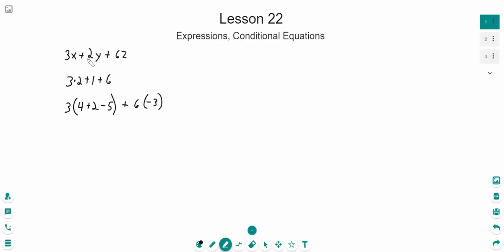We've been taking these expressions and simplifying them, trying to compute all of the addition, subtraction, and multiplication that needs to be done in an expression such as this or such as this. Here, we might be taking this expression and evaluating it, saying, what is it going to be if x is 1 and y is 2 and z is a negative 1?